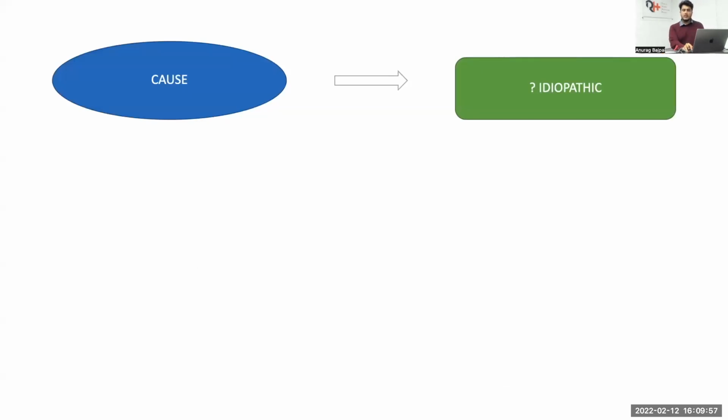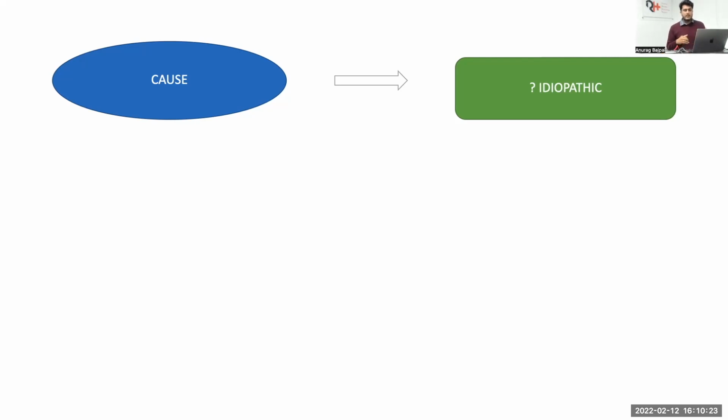With regards to the cause, it's definitely a case of central diabetes insipidus, because the absence of the posterior bright spot can occur in central as well as nephrogenic, as we always discuss. But because he was responding to AVP, vasopressin, this is definitely central diabetes insipidus. So what could be the cause? Is it idiopathic? But to declare something idiopathic, we need to rule out all the causes.